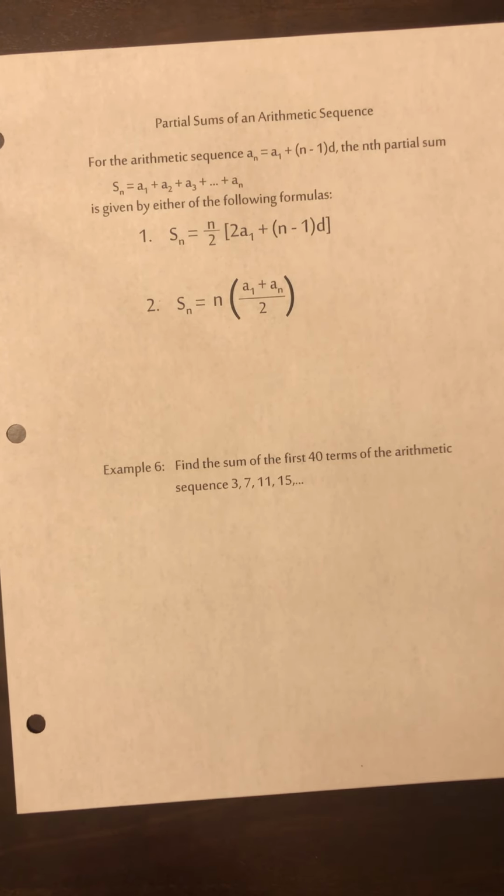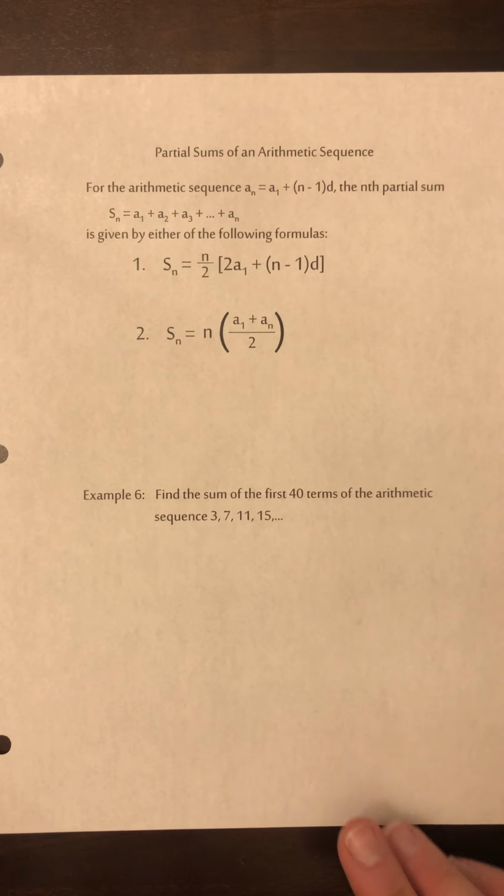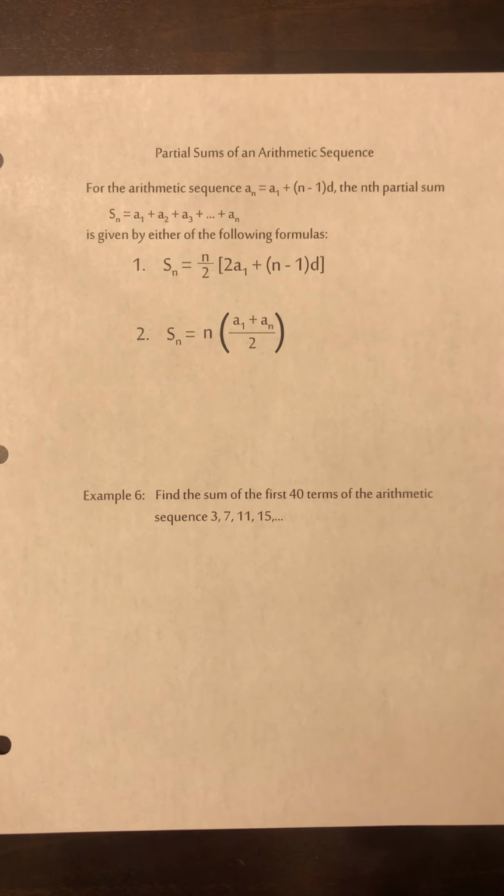But when we have an arithmetic sequence, rather than writing out all of the terms and adding them together, we actually have a faster way to do it. We have two formulas that we can use. And the difference between the two is kind of depending on what information you're given in your problem as to which one would be the easier one to use.